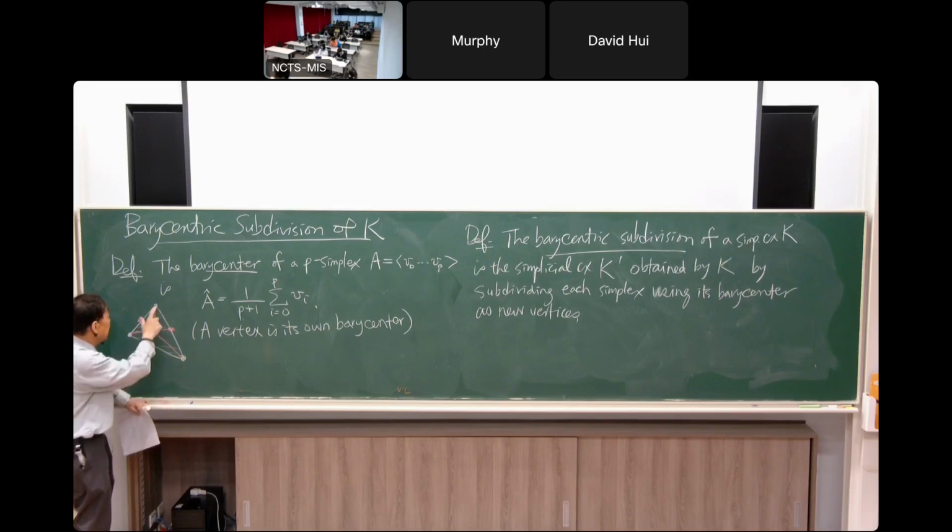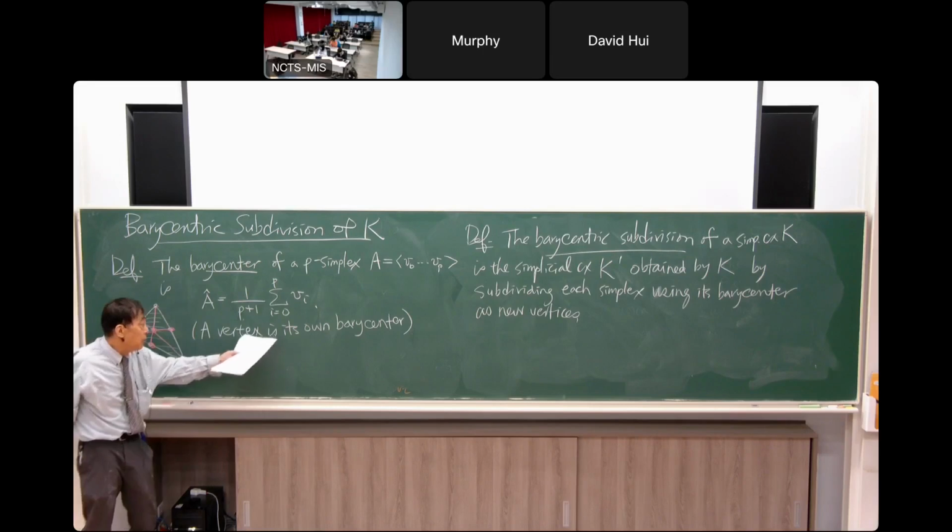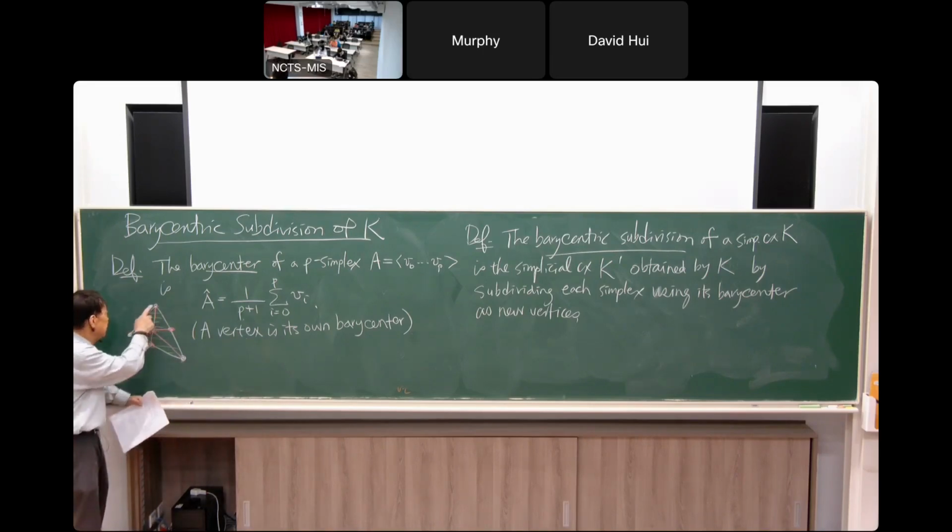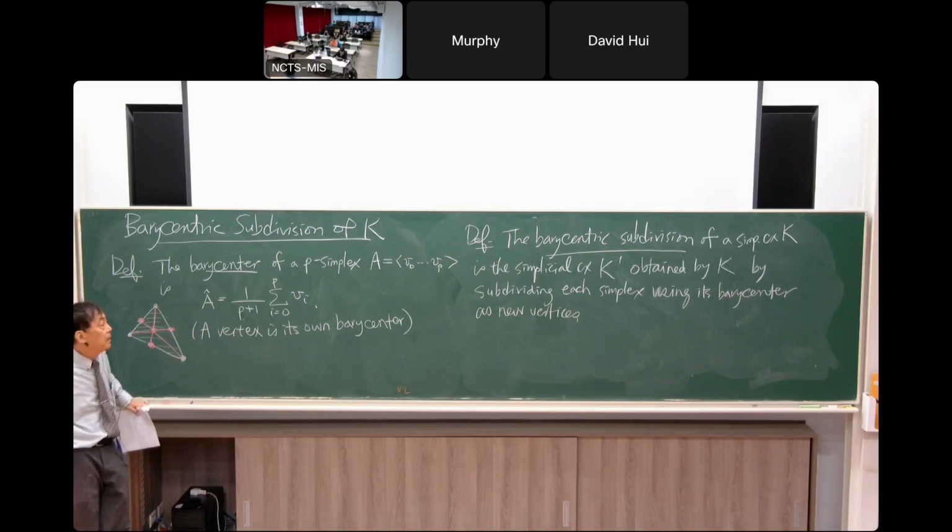I mean, the old vertices are their own barycenters, so they're also included in the new vertices.